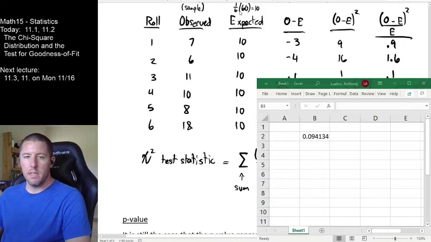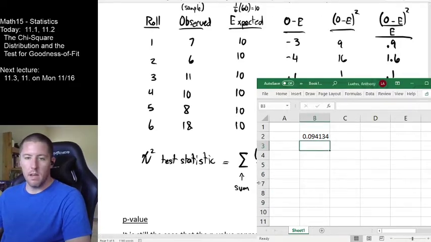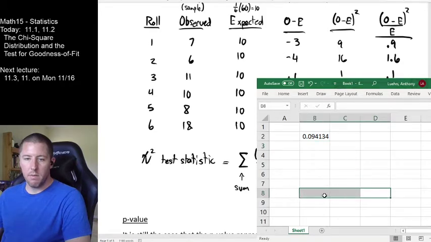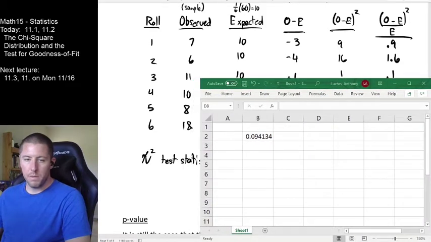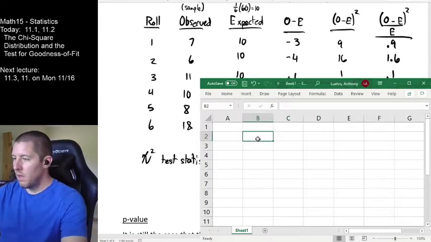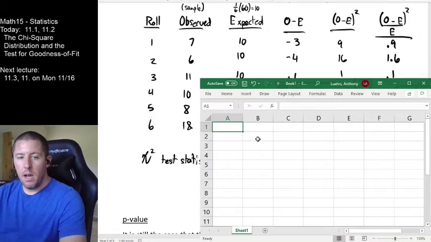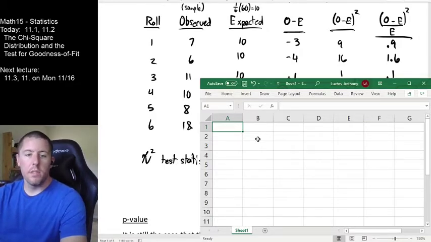So I'm going to leave this as the top visible part right here. And let's see if we can do this in Excel here. I'm going to stretch this up for us a little bit. All right, I'm going to get rid of this. We'll recompute our p-value here. So we've already got our rolls. That's actually our index column 1, 2, 3, 4, 5, 6 on the left.